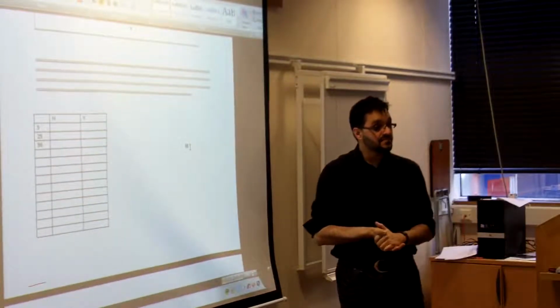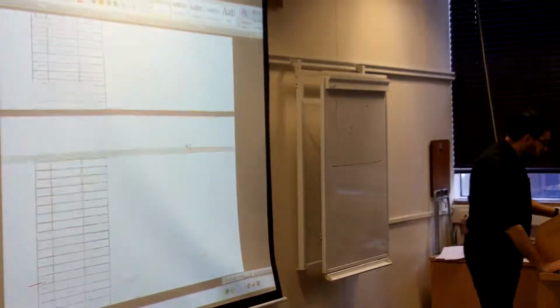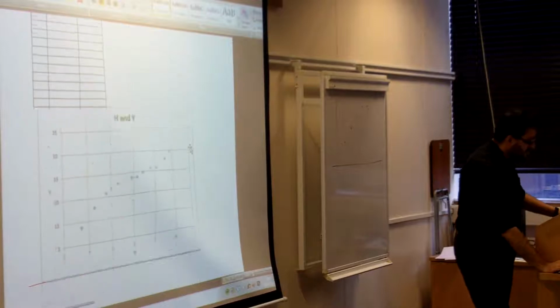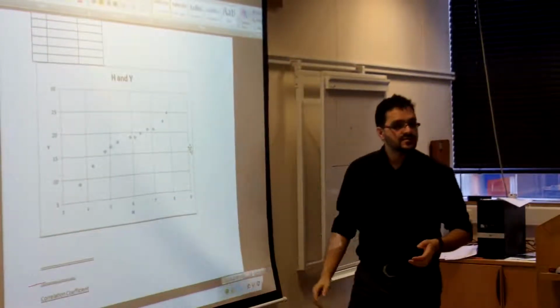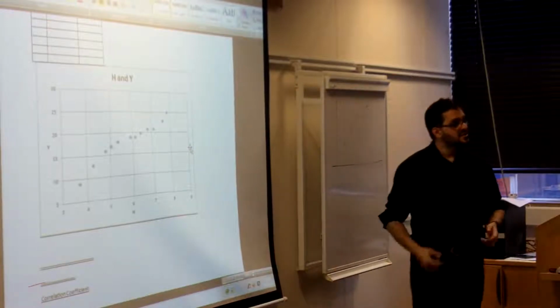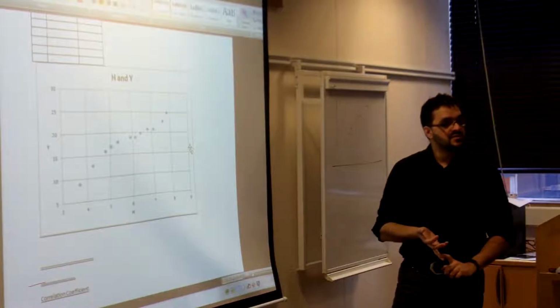Are we clear on that, yeah? Okay, so once you have that, put this into your coursework. Comment on this. Is it jointly normally distributed? Does it seem like a linear relationship?